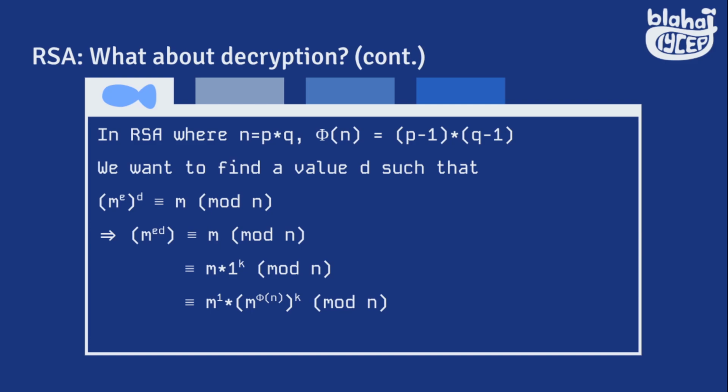I'm not going to write the modulo n here because there's not enough space. But after that, we can manipulate the equation one last time to get m to the power of 1 plus k times phi of n.